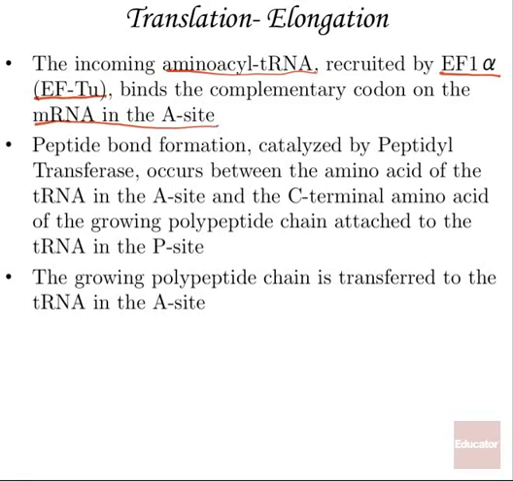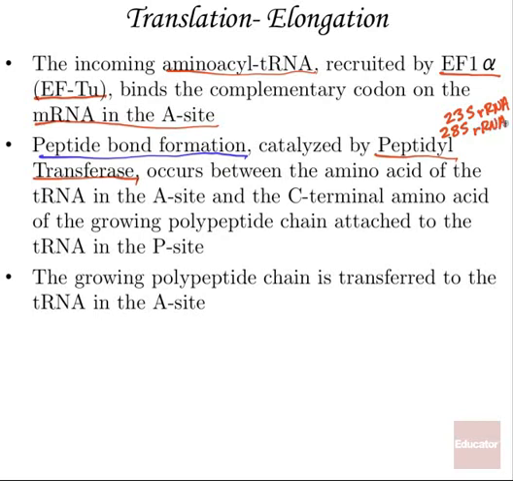Next, we have peptide bond formation being catalyzed by the enzyme peptidyl transferase. And remember, that is a ribozyme, either the 23S rRNA if it's prokaryotes, or the 28S rRNA if it's eukaryotes.